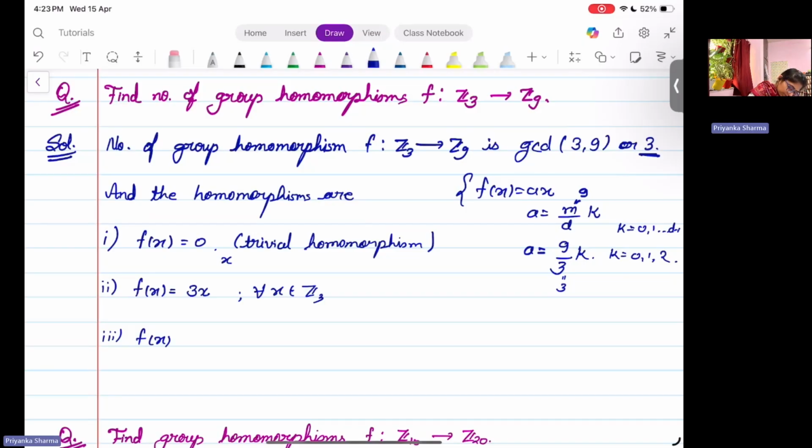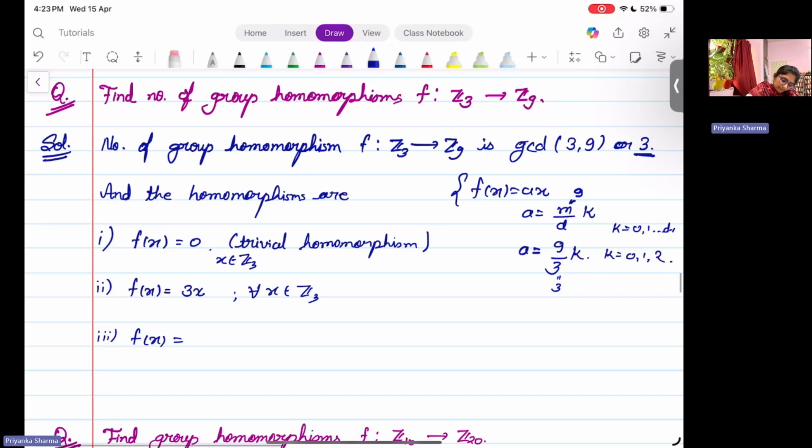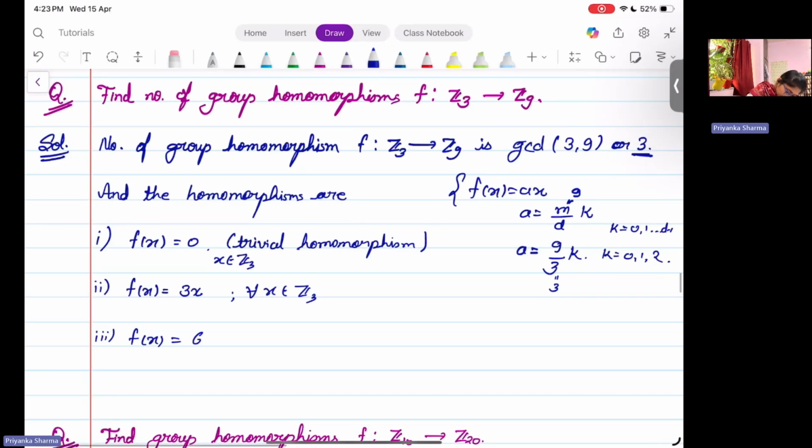Here also we have x belongs to Z3. And then we will have 3 into 2, that is 6x for all x belongs to Z3. So we have these 3 homomorphisms from Z3 to Z.